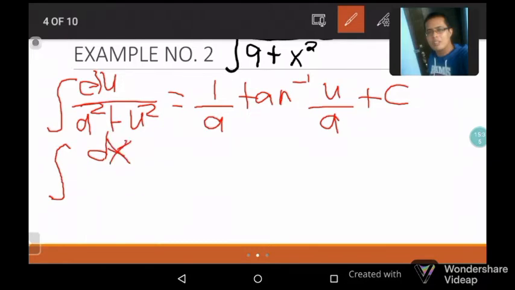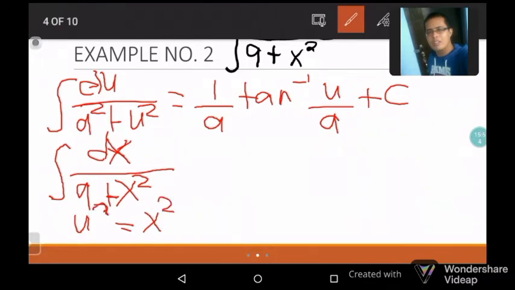Okay? So, para makuha natin si u, square root lang natin both sides ng equation. So, ang u mo is x. Then, you're going to get the derivative of u, which is equal to dx. Satisfied yung equation. So, how about yung 9?